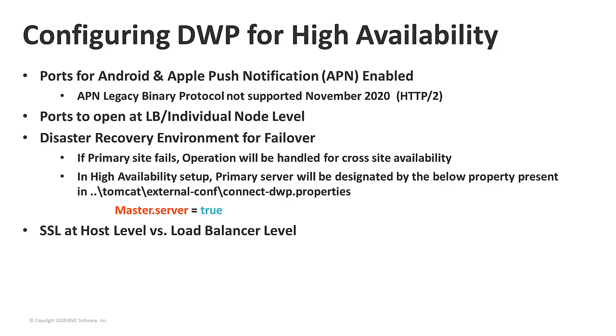Apple has introduced a new protocol, and we can still use the same port for Apple push notification. Just make a note, an individual node must also be able to connect to these gateways in order to successfully receive push notifications on your end user devices. Most of the time, you'll have to add an exception on these production DWP nodes, as most likely those nodes do not have access to the internet.